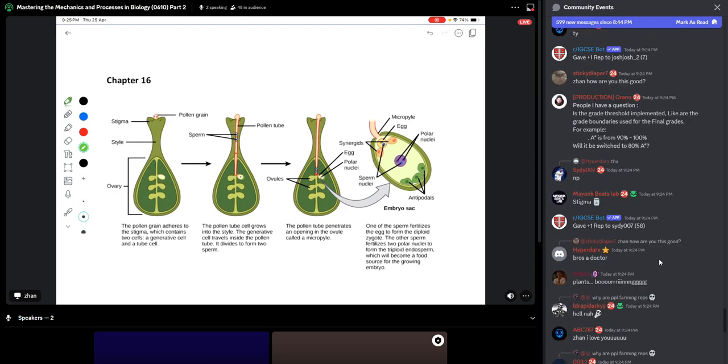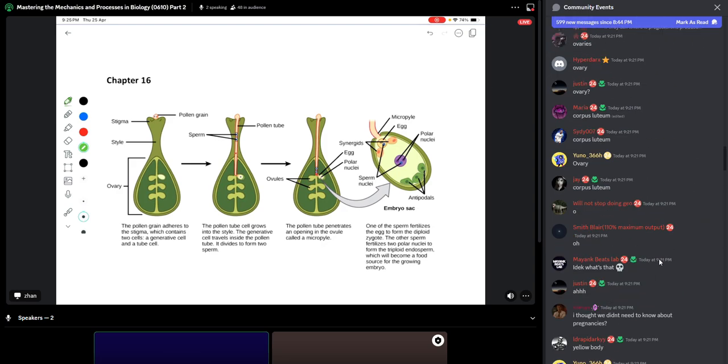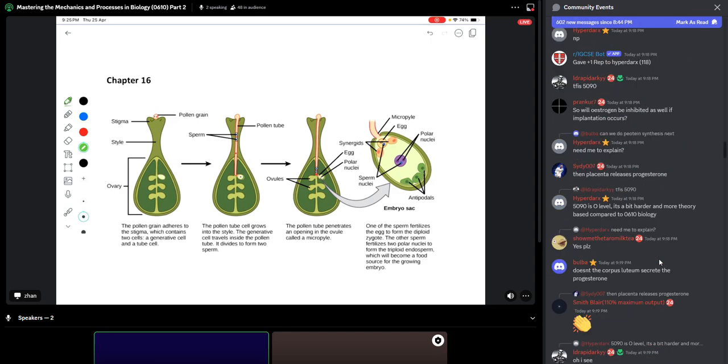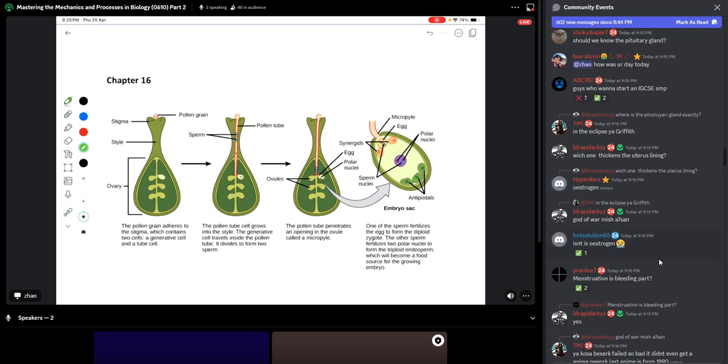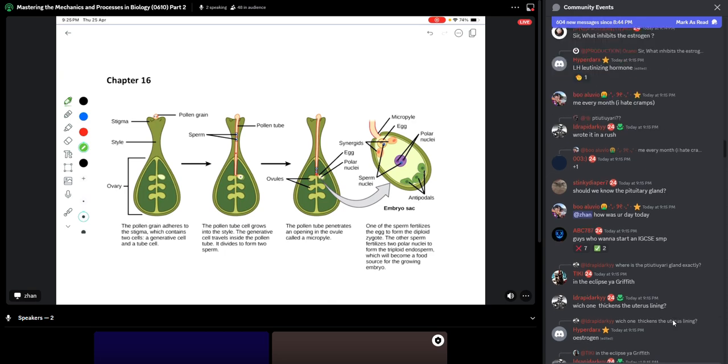Which chapter should we prioritize? Okay, from my advice, I would say please revise and understand very, very well the cold topics. Cold topics meaning plants. Okay?